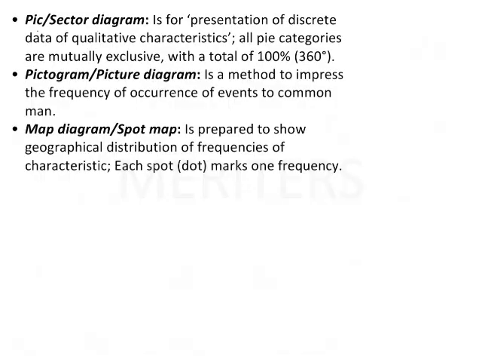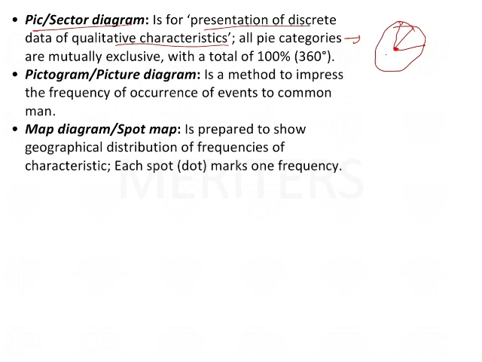Now coming to the pie or sector diagram. We all know this one. We used to see it in news channels and everywhere. Pie, we know, is like a circle. For example, this pie chart represents the missing teeth for a mean age of around 50.